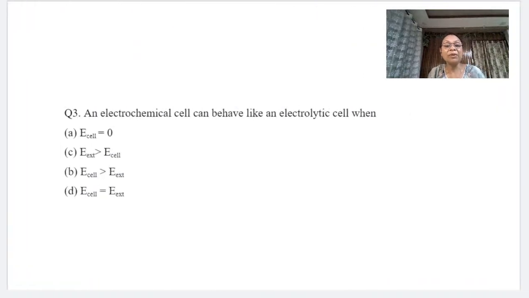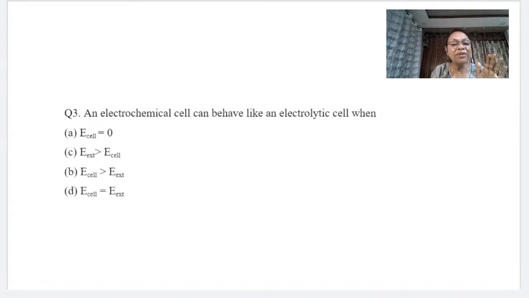An electrochemical cell can behave as an electrolytic cell. So if you have an external EMF and an internal EMF and you're comparing both, then an electrochemical cell can behave as an electrolytic cell when, yes, what have you said?